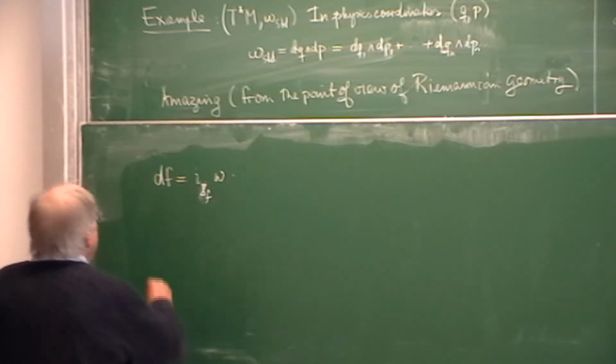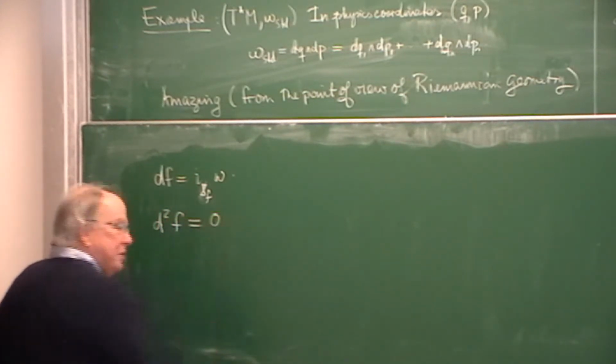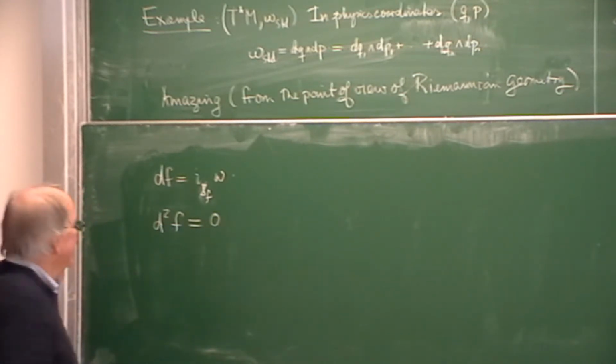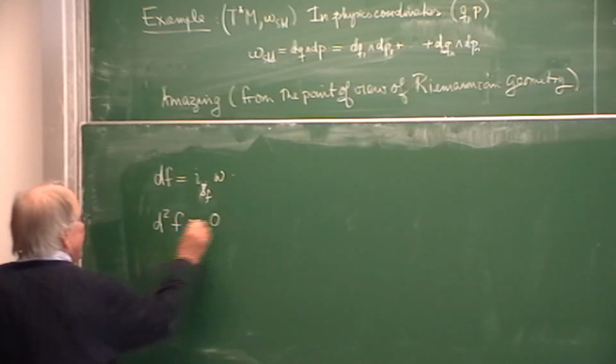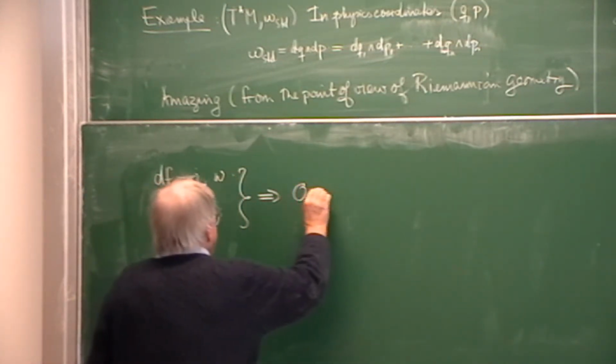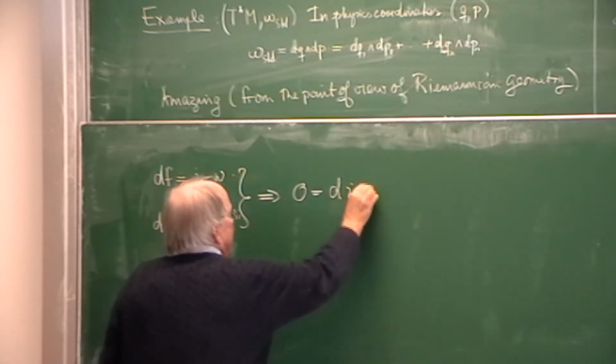Notice that d squared of f is 0. I hope you all agree with that. So, therefore, 0 equals d of the contraction of X_f with omega.